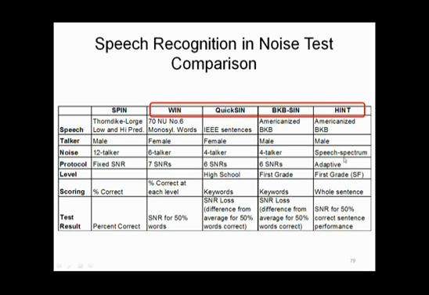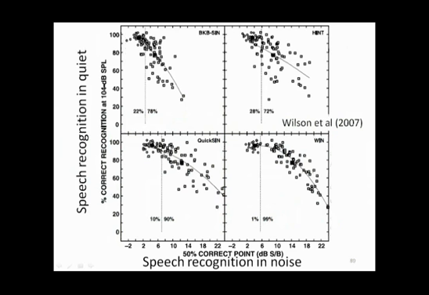It's not as challenging as speech spectrum noise because not everybody's talking at exactly the same moment. So there are moments in time when you have gaps between the background noise talkers talking, and in those gaps you could hear the target speech more easily.